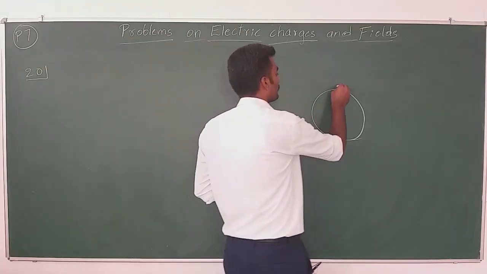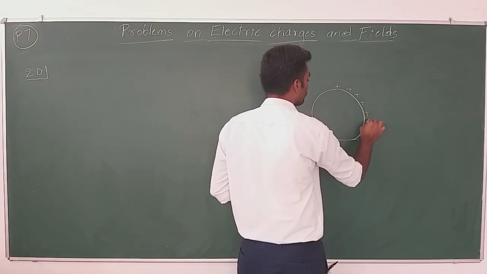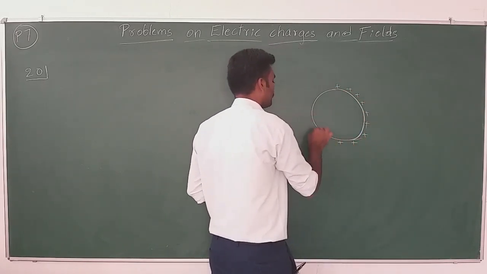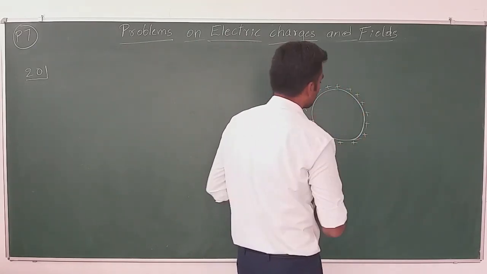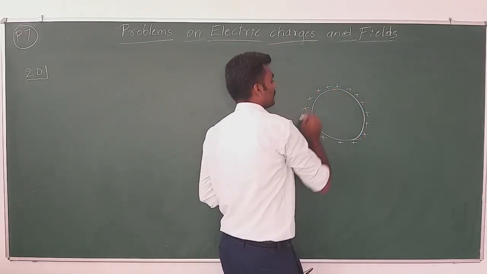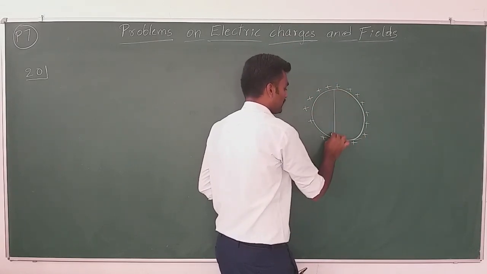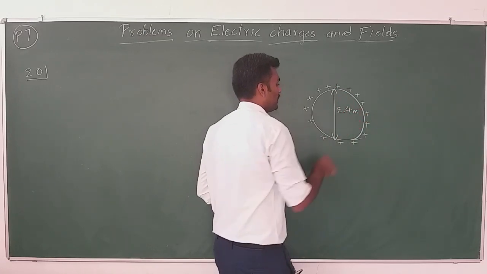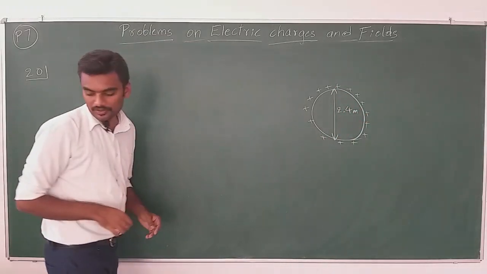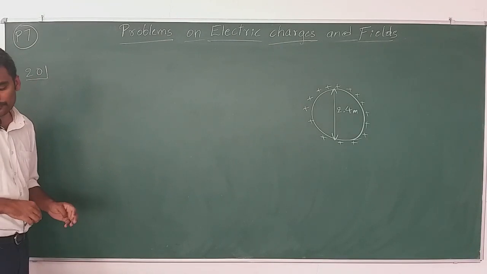Let us assume that it is positively charged, and the diameter of the sphere is given as 2.4 meter, and the surface charge density of the sphere is also given.